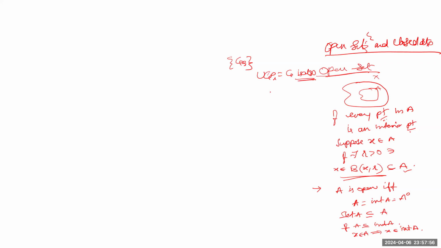And similarly, a finite intersection of open sets is again open, right? And there is also one more way: if you show that the complement of A is closed, then A is open. So these are all the possibilities, and mostly we have to use this information.